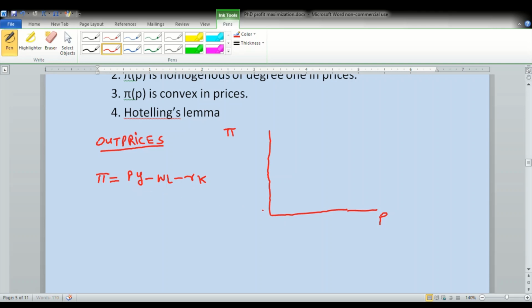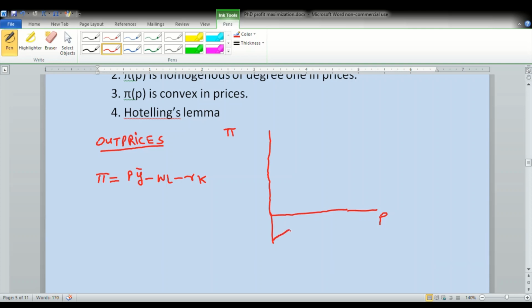We have only two dimensions, so in this equation I am keeping y constant, and WL, RK are all constant. When p is equal to 0, I have the intercept minus WL minus RK. This right hand side is linear in p, and y is the slope.